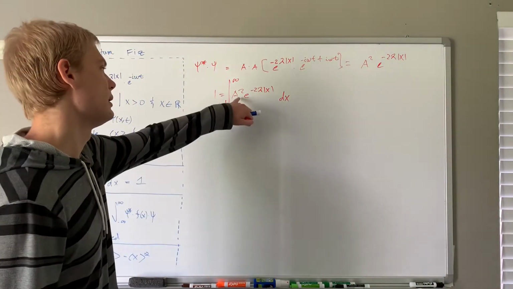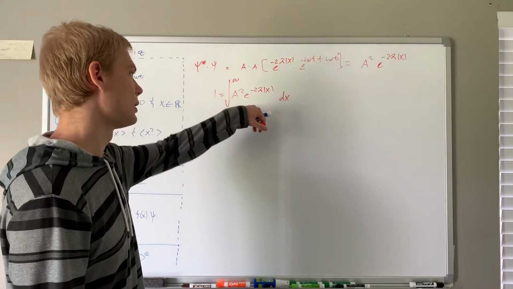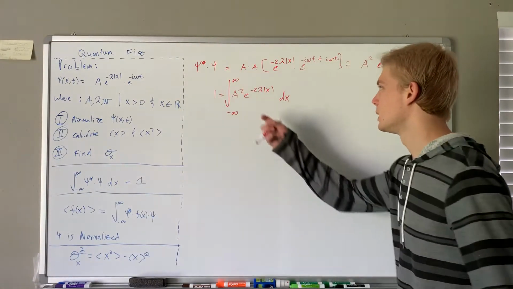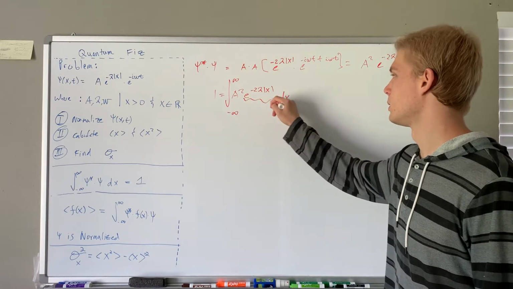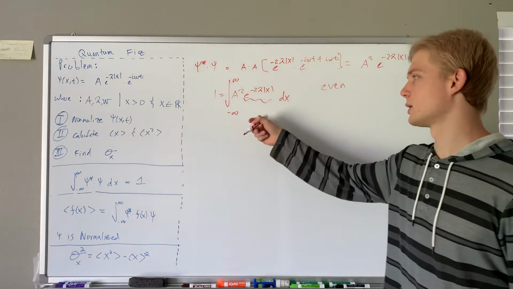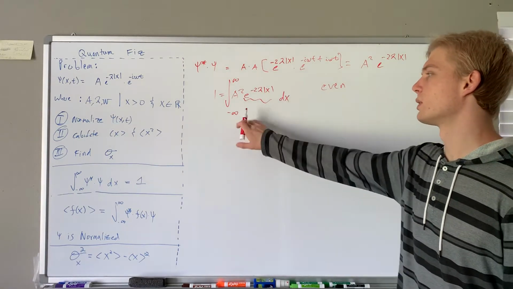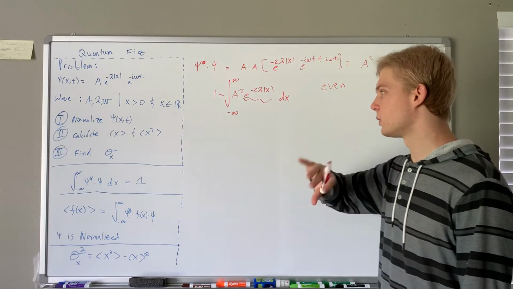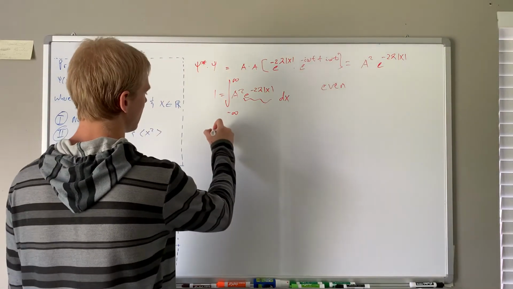Okay, A is a constant, so you can take it out of the integral. But for this guy, you're like, oh, how do I integrate it? Well, this function, in this case, right here, is even, and it's symmetric across the whole thing. So to get rid of one of these infinities, you can just change the bounds from 0 to infinity and multiply the whole thing by 2, which is how you're going to solve this guy.